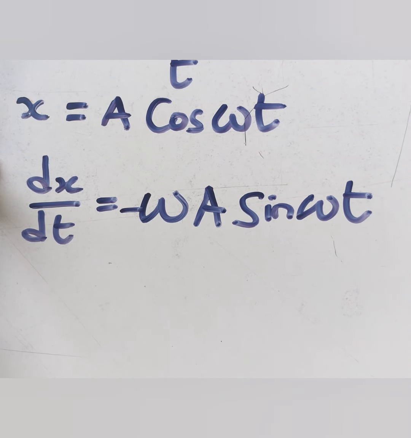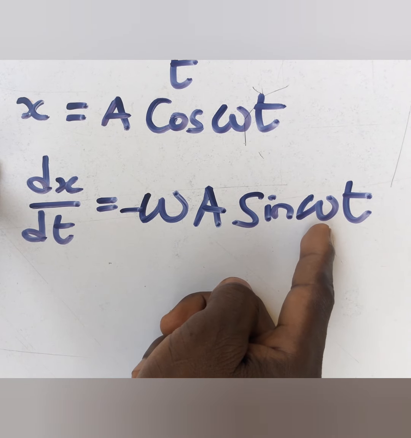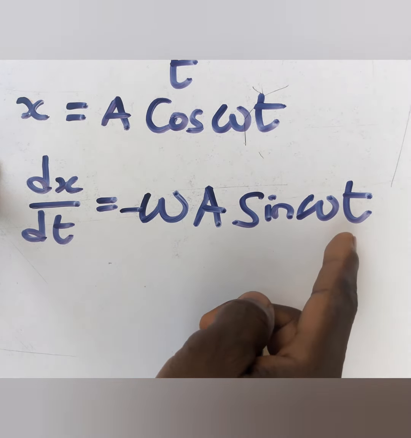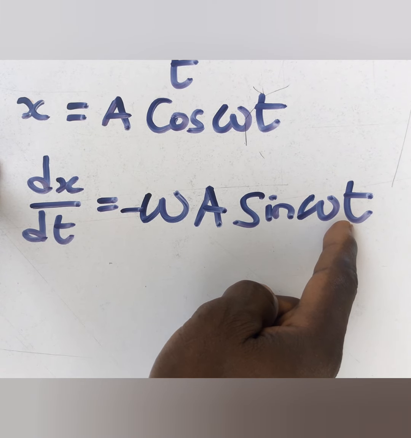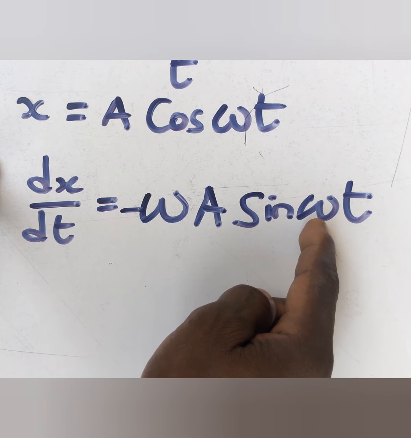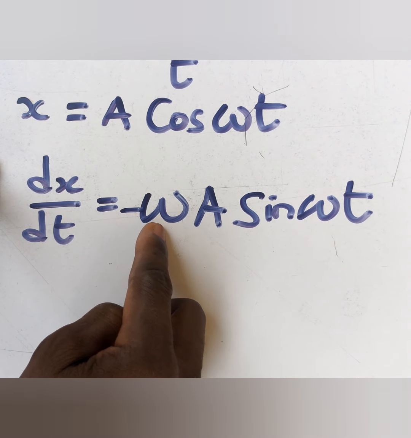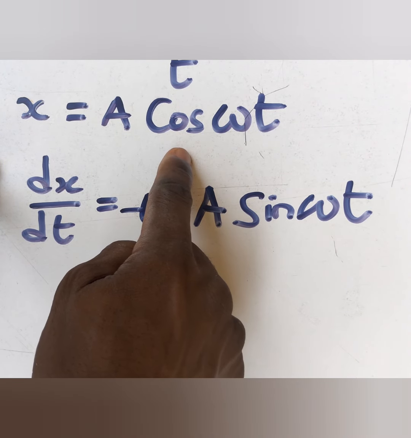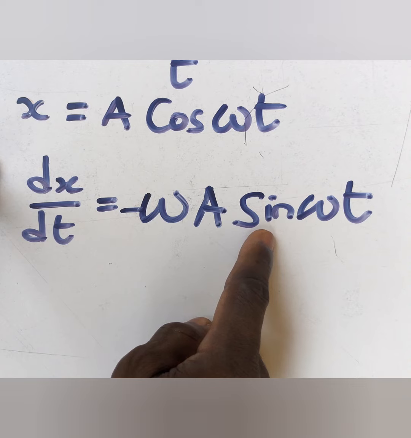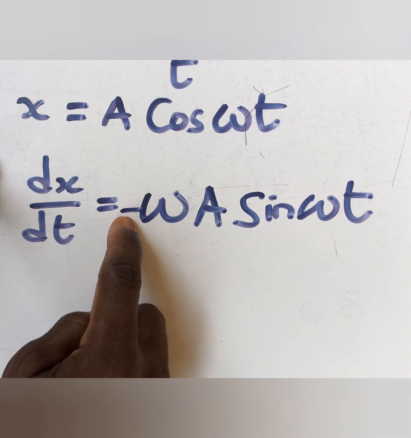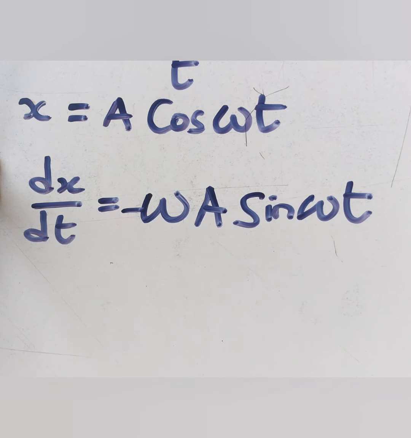Don't forget, differentiation of omega will come out, since I'm differentiating with respect to t and omega is what is at the back of t under the sine. So omega will come out. Differentiation of cos will give me a minus sign, that is the reason for the minus.